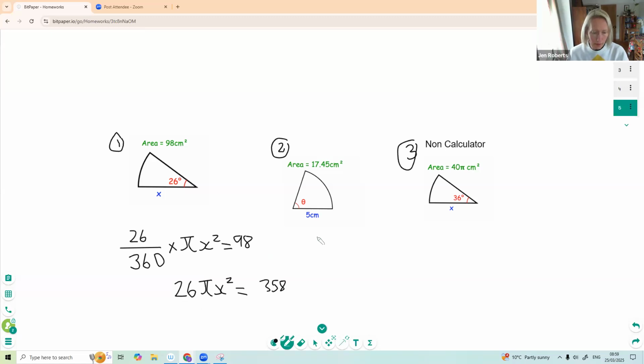You get 35,280. Divide both sides by 26 pi. And then square root both sides.